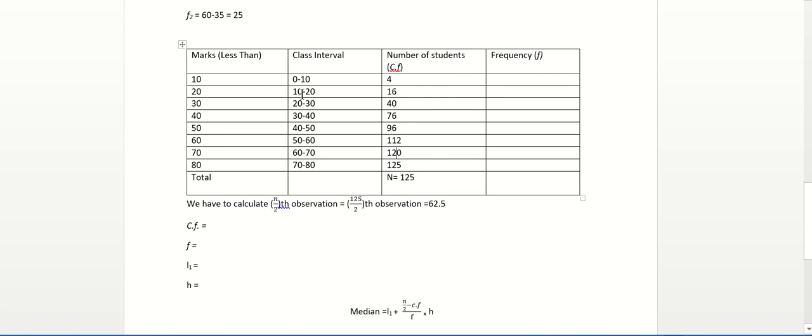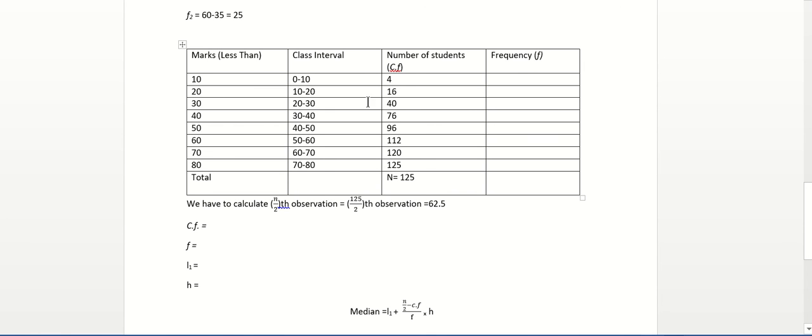Now we have to change these less than frequencies into normal class intervals. So first I have changed this less than frequency into class interval. If it is less than 10, I have made it 0 to 10, 10 to 20, 20 to 30, less than 40 is 30 to 40, less than 50 is 40 to 50 and so on. So this is the class interval which we have derived from this less than frequency.